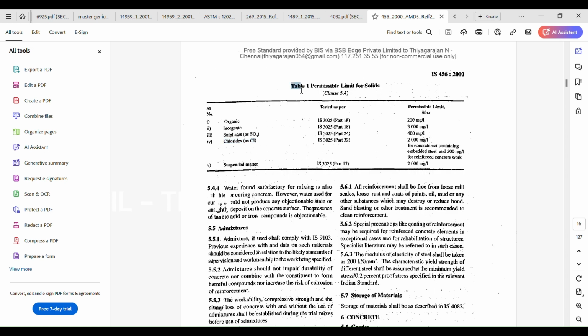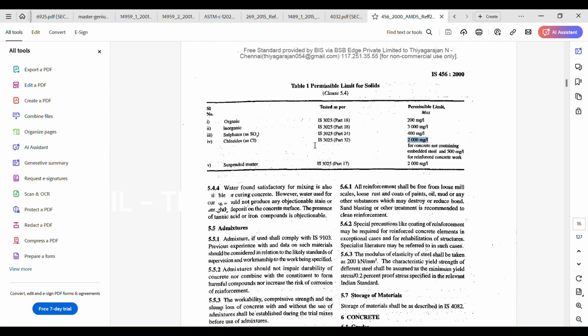In construction water, we can refer to IS 456 2000 Table number 1, permissible limit of solids. In that, the chloride is mentioned as 2000 mg per liter for concrete not containing embedded steel, and 500 mg per liter for reinforced concrete work.